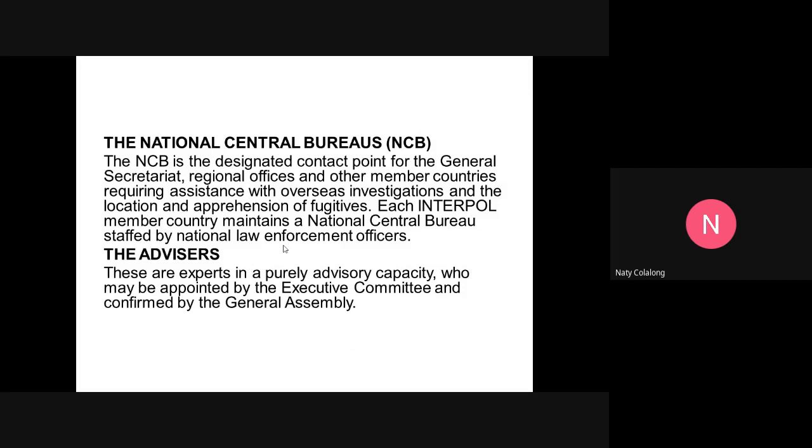Each Interpol member country maintains a national central bureau staffed by national law enforcement officers. Next, we have the advisors. These are experts in a purely advisory capacity who may be appointed by the Executive Committee and confirmed by the General Assembly.